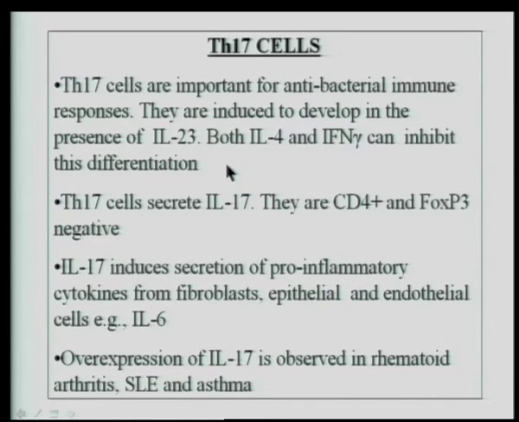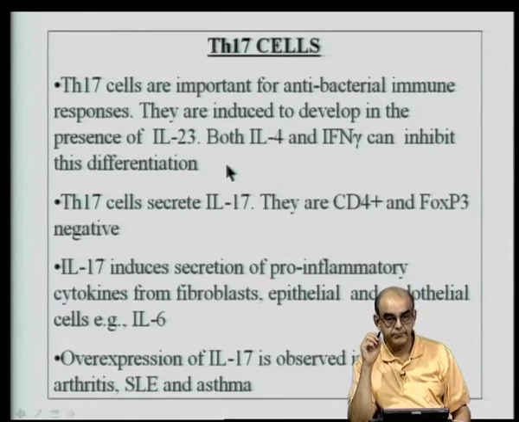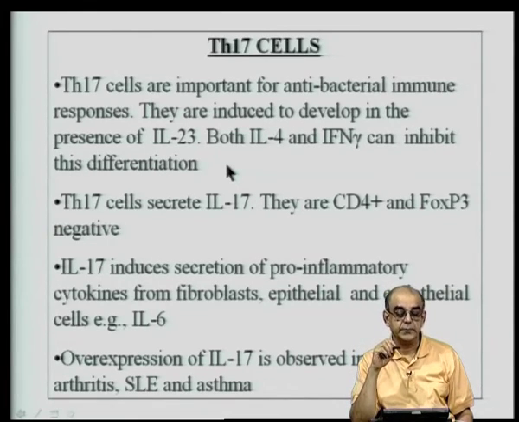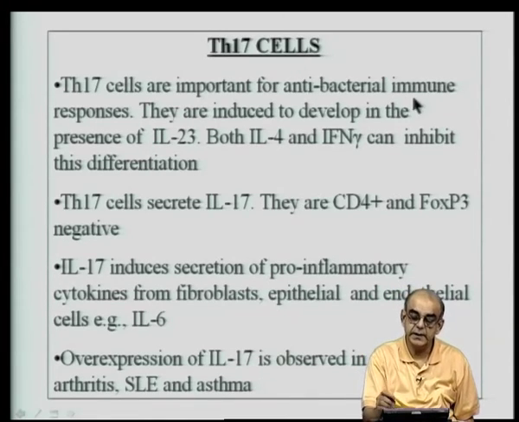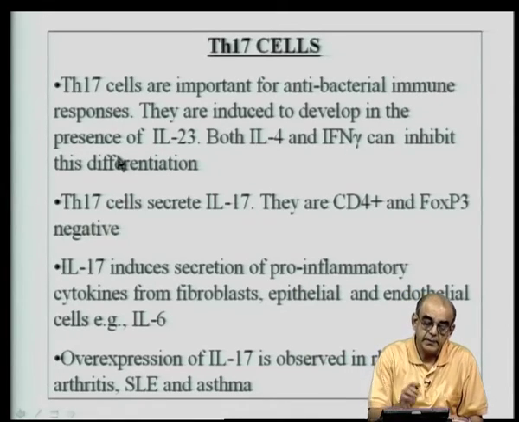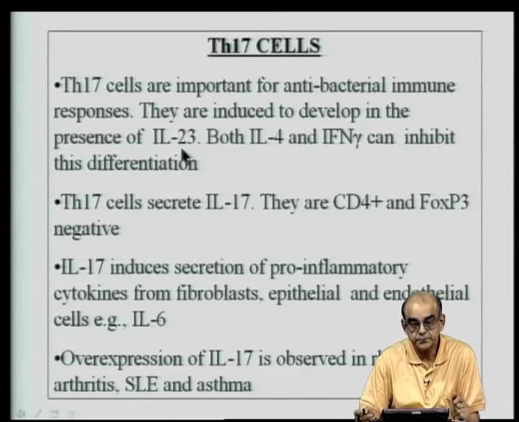So, going on further, in addition to Th1 as well as Th2 cells, there is a very important cell type called the Th17 cells. Now, these Th17 cells are very important and they have been found to predominate in antibacterial immune responses. They are induced to develop in the presence of a cytokine called IL-23.